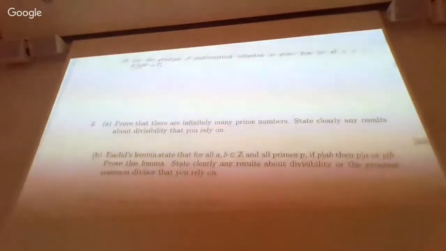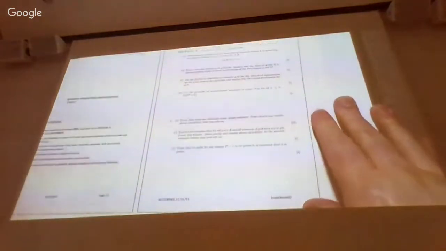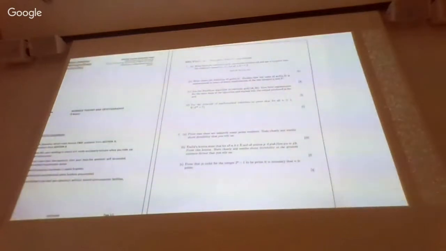Okay, the print off. Yeah, I forgot to use the double-sided. Okay. So yeah. Okay, so this is last year's paper.